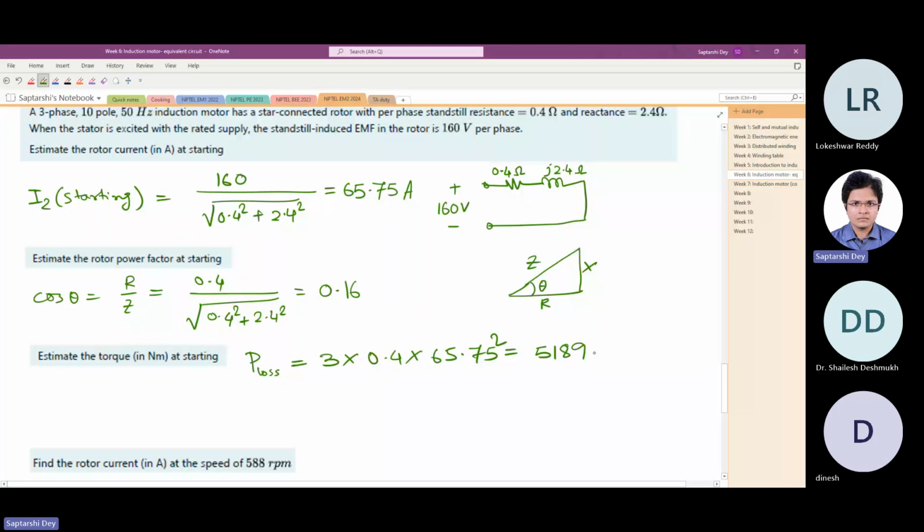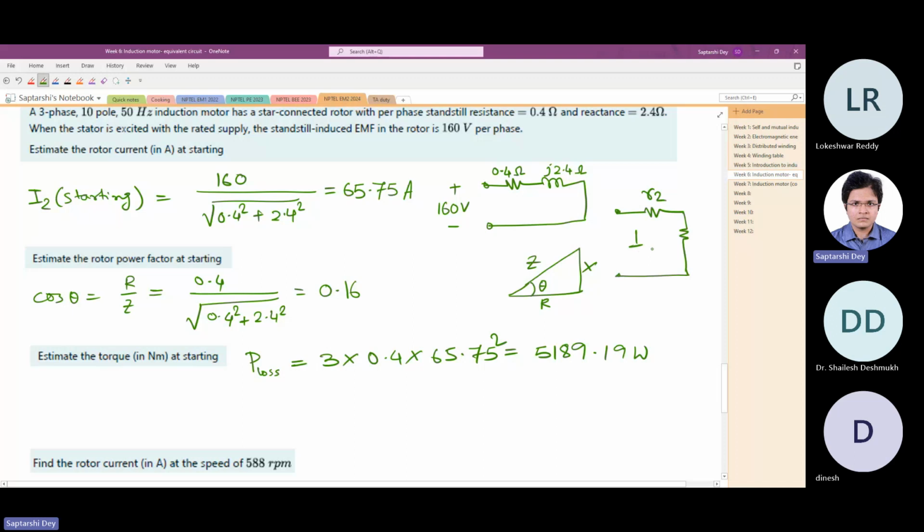Now rotor copper loss, just a second, I have a doubt. What we have is this is R2.